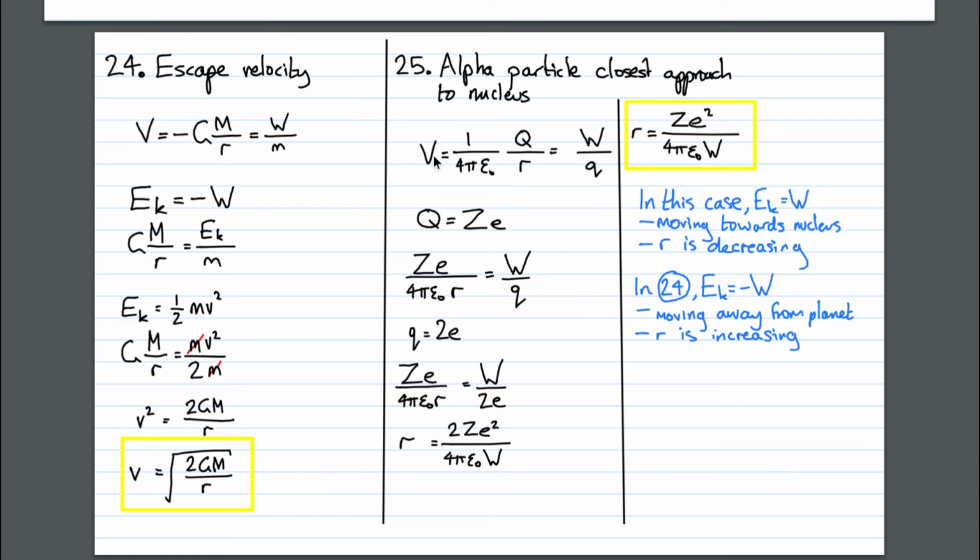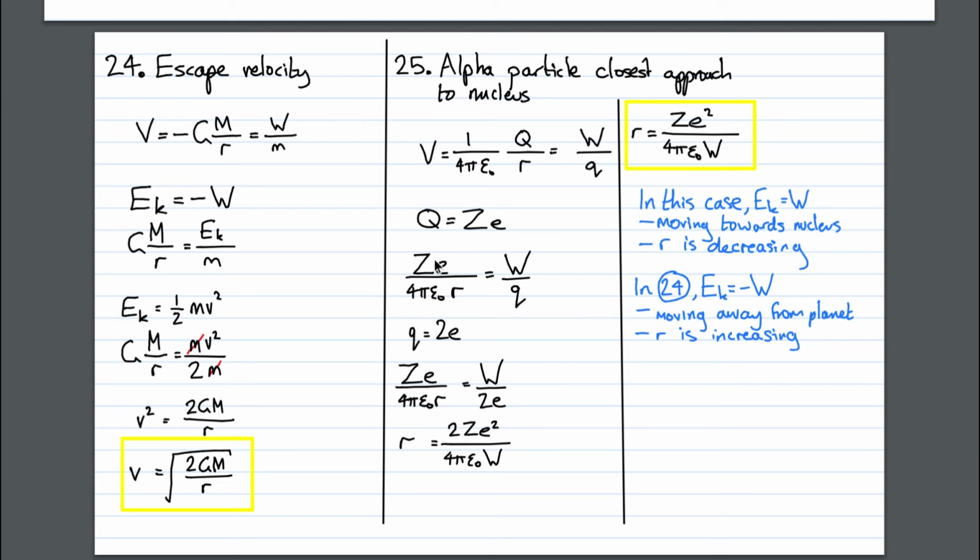This is an electric potential difference instead, but it's still the work done divided by the charge that's moving across that electric potential difference. Now, the big charge we're talking about here is the charge that the nucleus of the atom, that the alpha particle, is incident upon. And that's going to be equal to Z, that's the number of protons, or the atomic number, multiplied by E, the magnitude of the charge of the electron, the elementary charge unit.